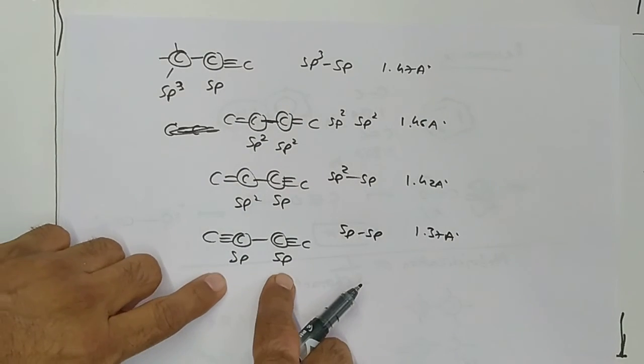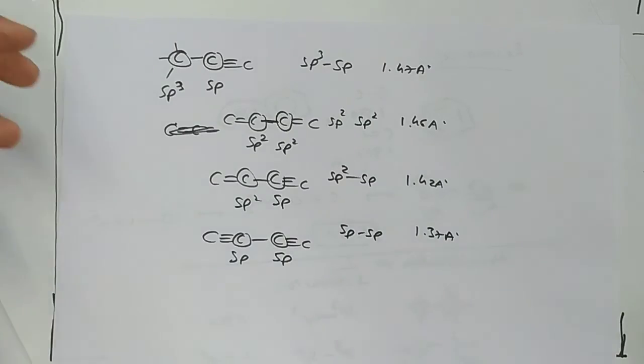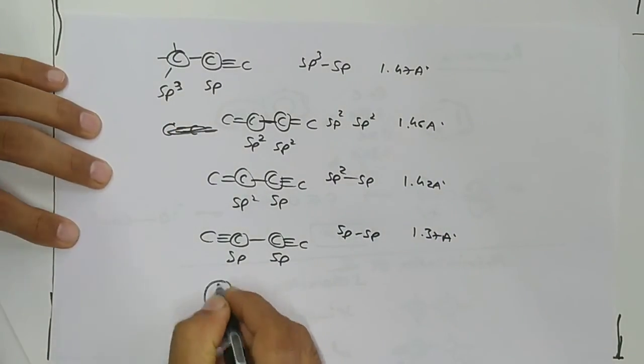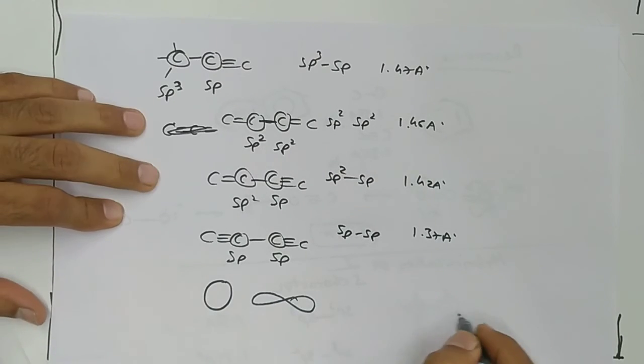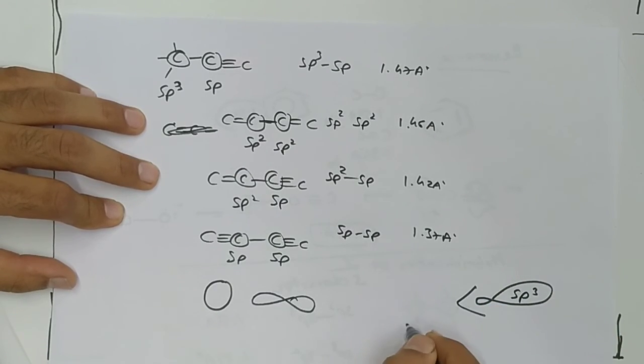With increasing s character, bond length decreases, because the s orbital is spherical and small, while p is dumbbell shaped and large. Now sp3 is larger than sp2. Why?